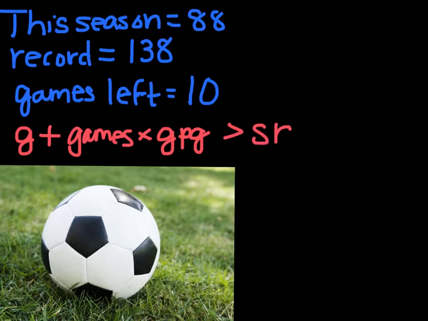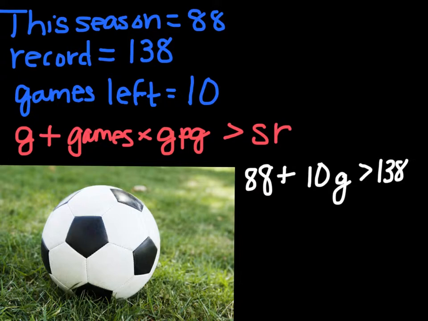Okay, so now let's fill in some of these gaps with the information that we have. The goals that the team has scored so far this season equals 88, plus the number of games left, 10, times G, the number of goals we need to score, needs to be greater than 138.